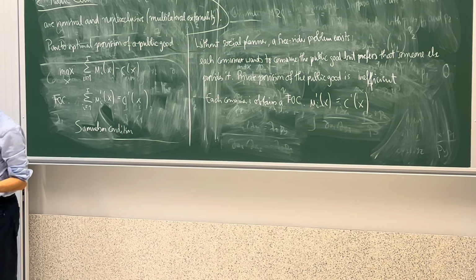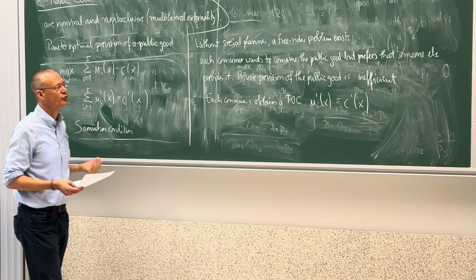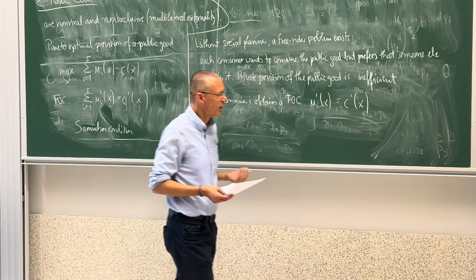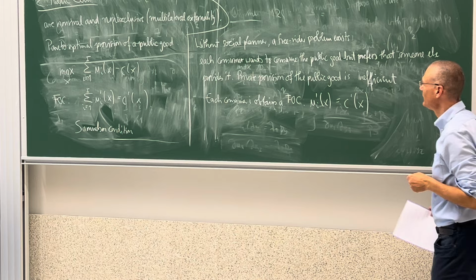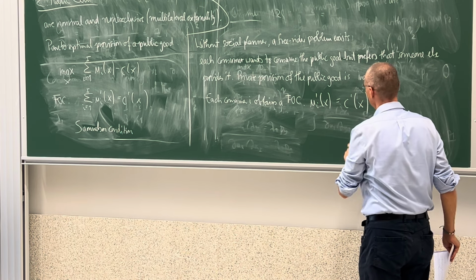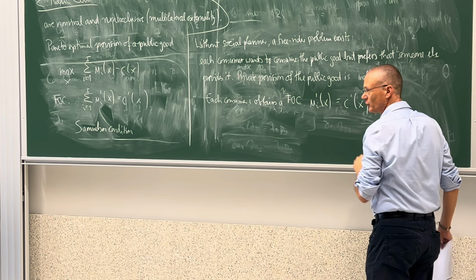And so what we get is that only the consumer who values the public good the most, whose marginal utility is valued the smallest, is providing this public good up to this C prime of x.